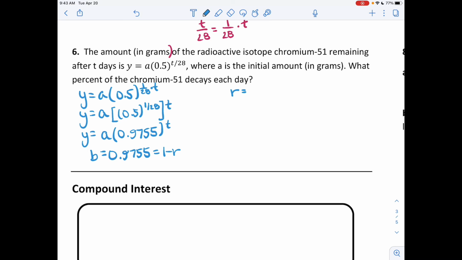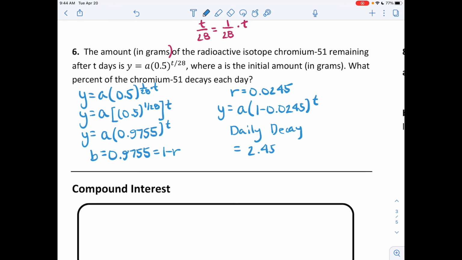When we solve for r, we'll get 0.0245. So our equation could be rewritten now as y equals a, remember that's where we would plug into the grams, 1 minus 0.0245 raised to the t power. And so we can see that our daily decay is equal to 2.45%.